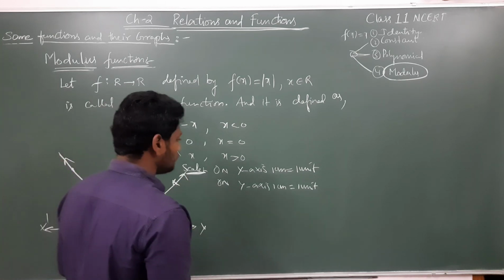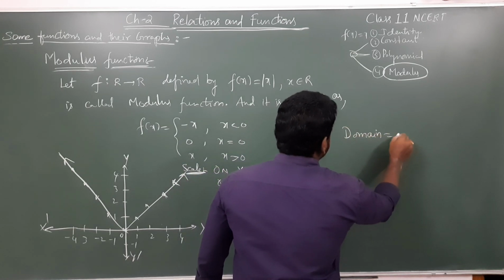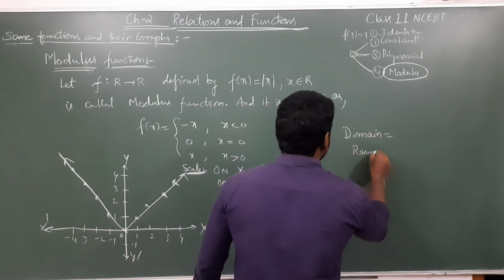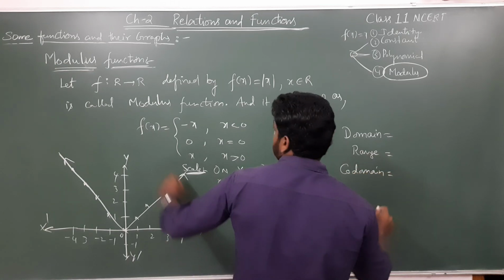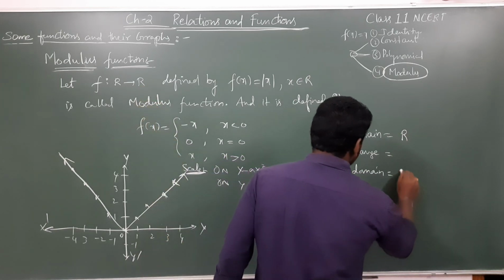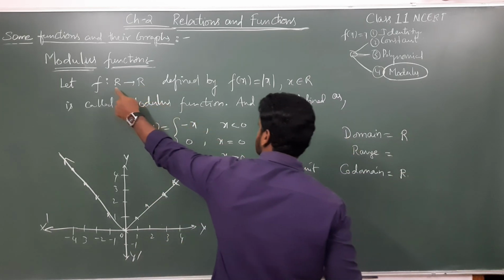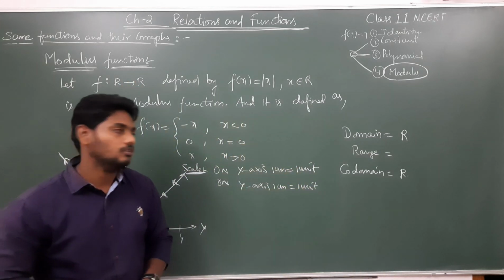Now from this graph, tell me what is the domain, range and codomain. Domain you can tell, that is R. Codomain is also R. Now what about the range?